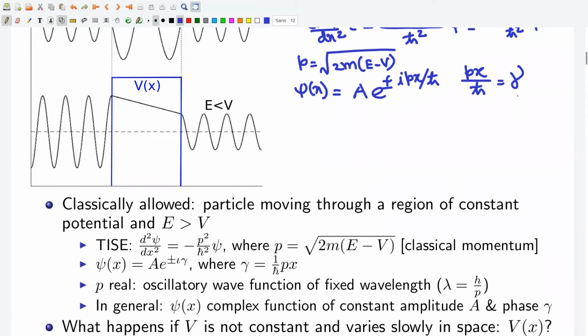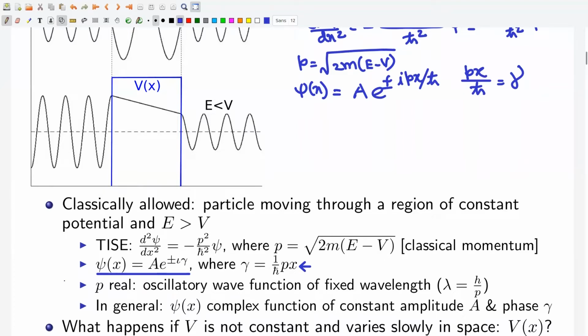In that case, the solution can be written as psi of x is equal to A e power plus or minus i gamma, where gamma is equal to p by h bar times x.